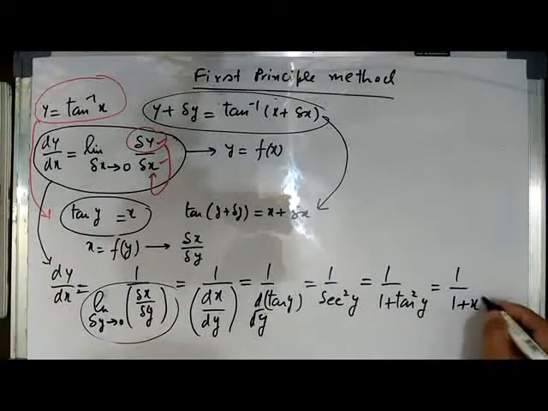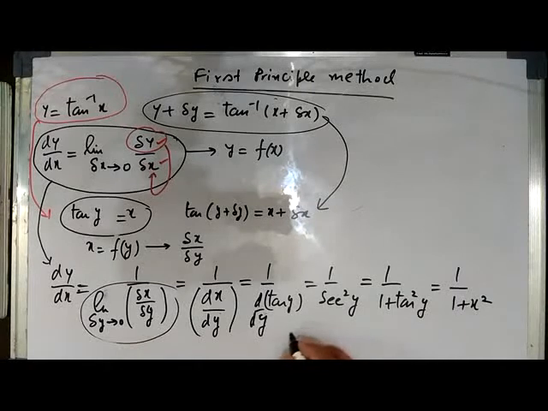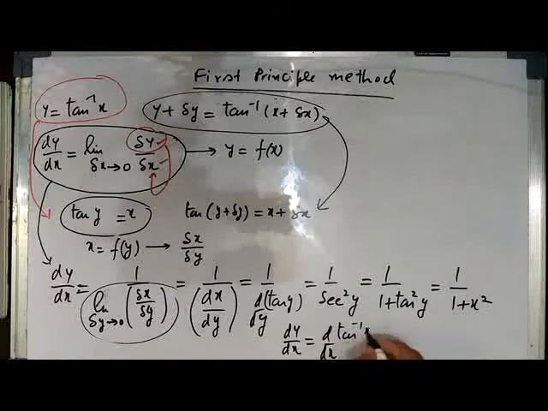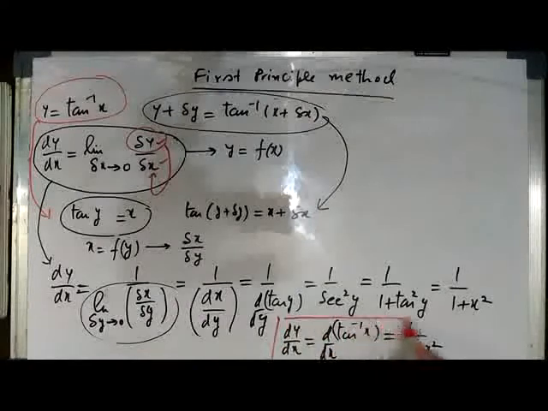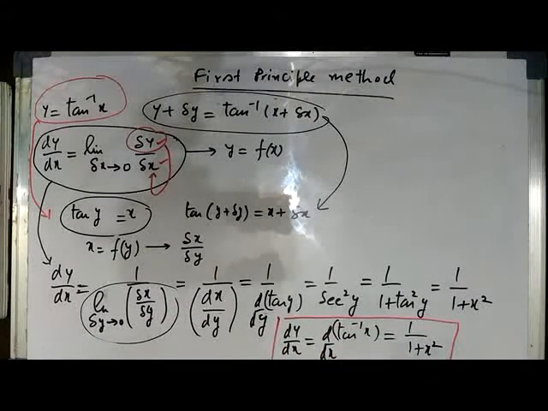So it is 1 plus x square. So you can say that dy/dx, that means what was y? y was tan inverse x, is nothing but 1 upon 1 plus x square. That was a way to prove the differential of tan inverse x with respect to x. That's our formula to prove this. Alright.